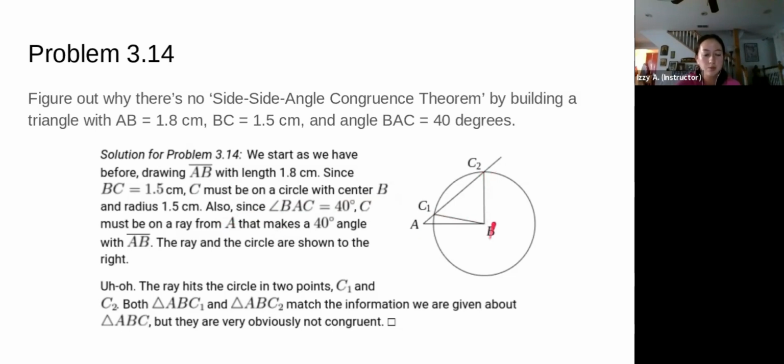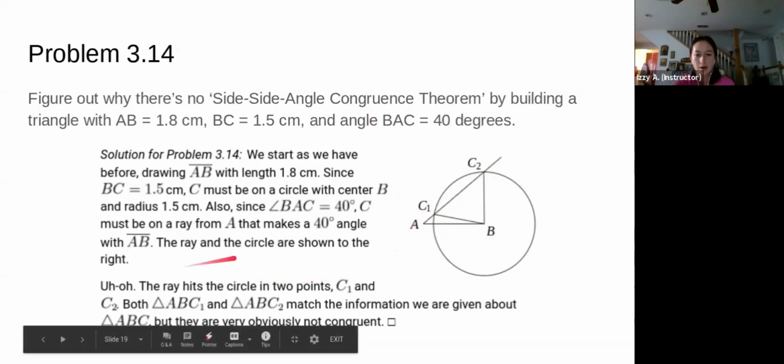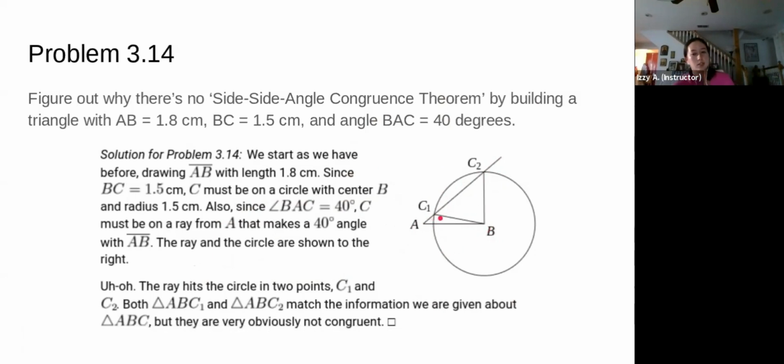So BC would be the radius. And also because angle BAC is a 40-degree angle, C must be on a ray from A that makes a 40-degree angle with AB. So this is the ray right here. And here is the ray in the circle. So it looks like the ray hits the circle at two points. This is why we have C1 and C2.